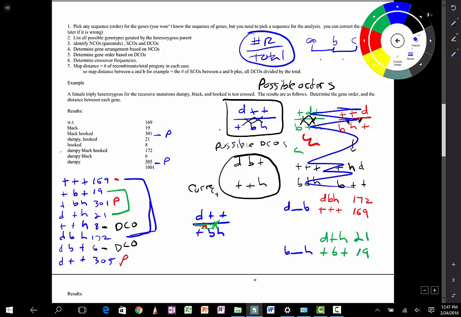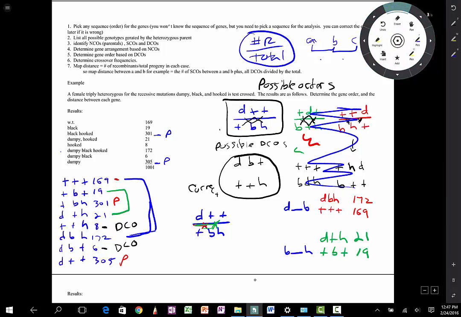So then we have to add them up and get the number of recombinants over the total. But there's one little trick, one last little trick that we have to do. So now the distance between... I'm going to erase all this stuff up here.